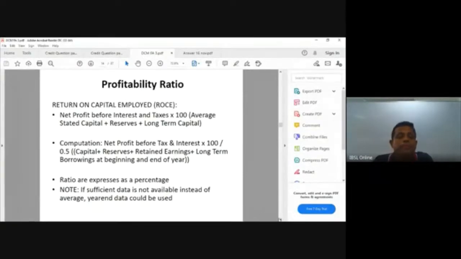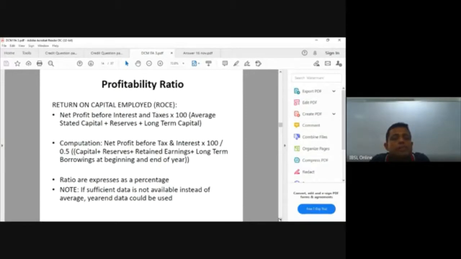How do you calculate? You take the net profit before interest and taxes. Here we take it before interest because in the other part we take the long-term debt capital also.